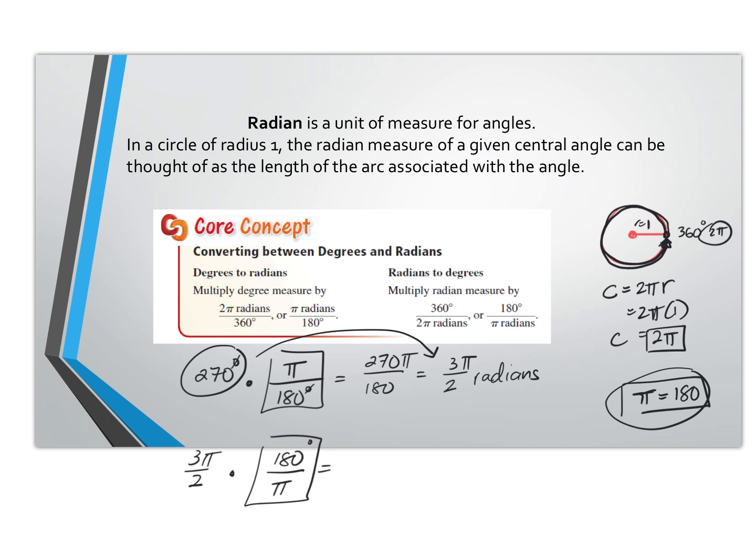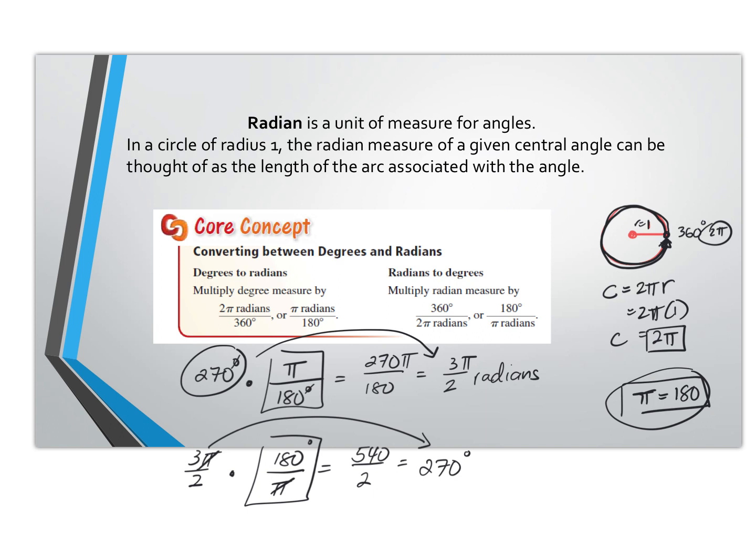What I want to get rid of is going to be in the denominator spot. What I want to keep is going to be in the numerator spot. And then I multiply. So I'll cancel my pi's. 3 times 180 is 540 over 2. And 540 over 2 is 270 degrees. And that's how I go from the one to the other.